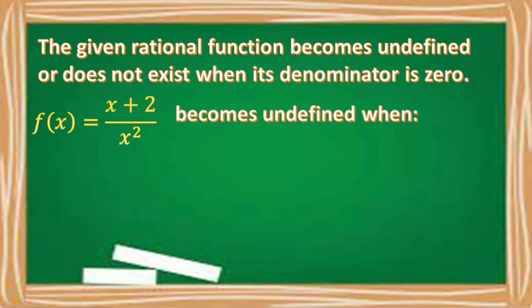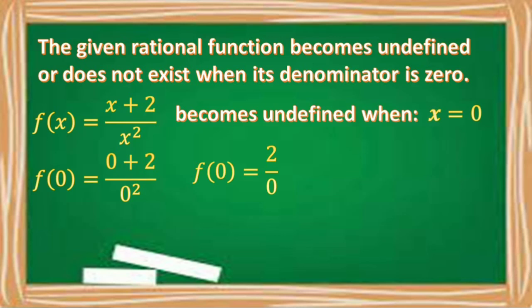Another, f of x equals x plus 2 over x squared becomes undefined when x equals 0, because 0 plus 2 over 0 squared equals 2 over 0.